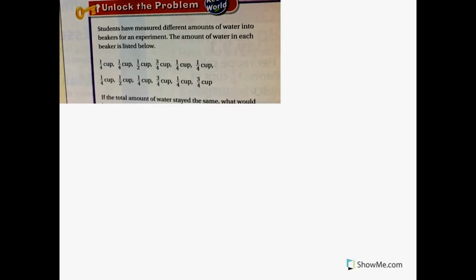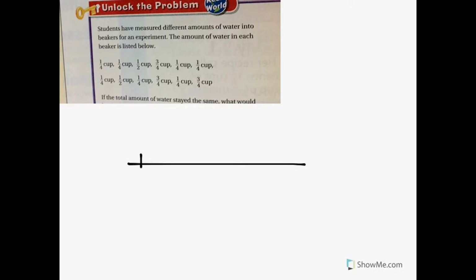So the problem says, students have measured different amounts of water into beakers for an experiment. The amount of water in each beaker is listed below. So what your child is going to need to do first is put this data onto your number line or your line plot.